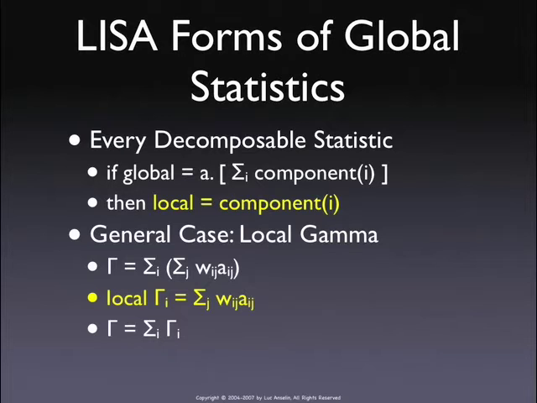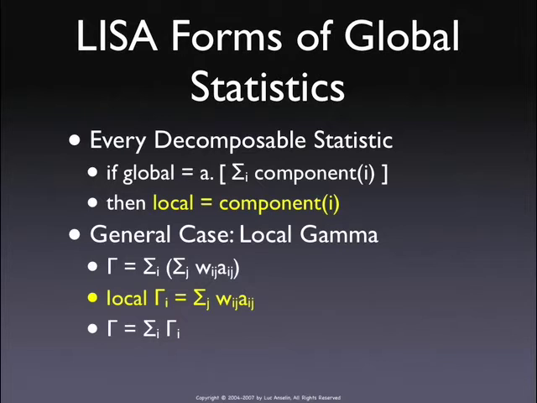So for each location i, you can compute the second part. Essentially, as we know, this is an average of the neighboring values, where the averaging happens through the weights matrix, the w_ij, and the similarity notion is encompassed in the a_ij.